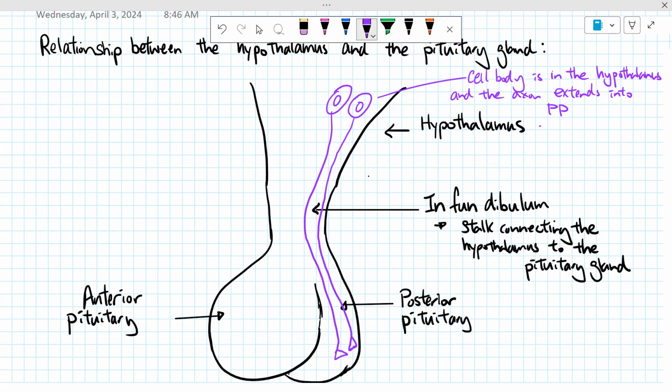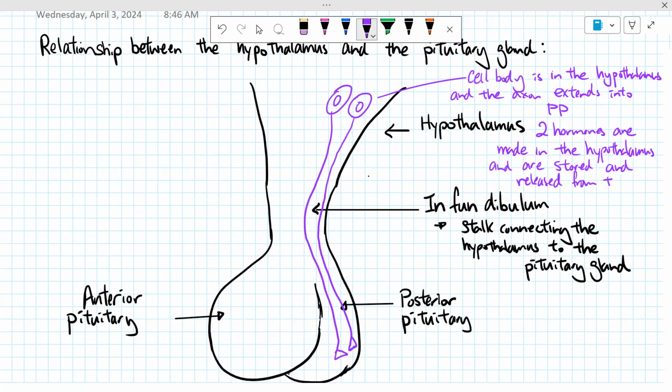So two hormones are made in the hypothalamus by these neurons and are stored and released from the PP.